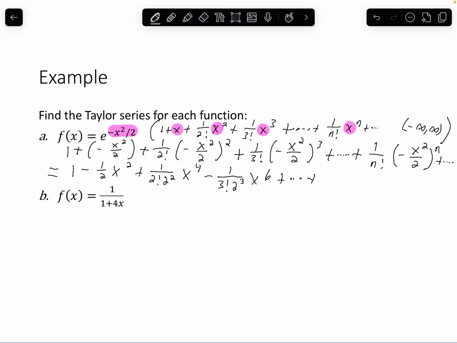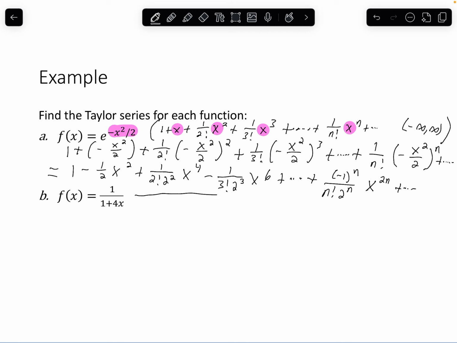The nth term is negative 1 to the nth power divided by n factorial times 2 to the nth power times x to the 2n power. And again, that keeps going on.